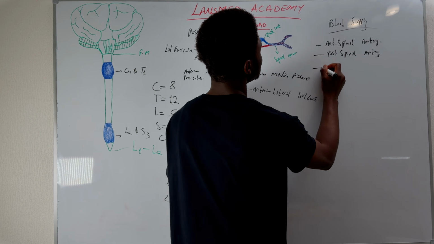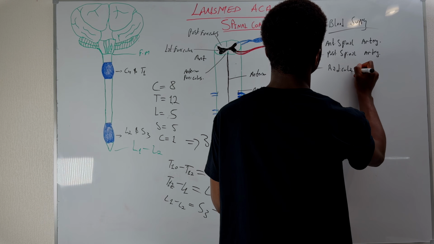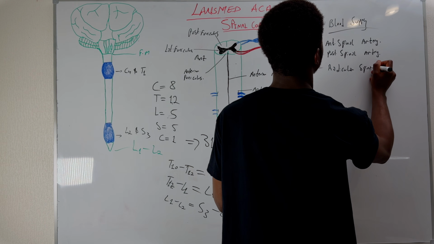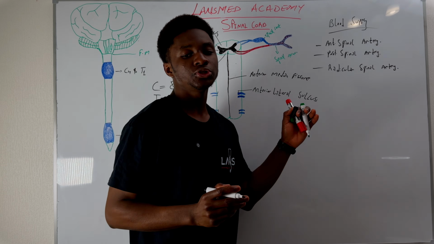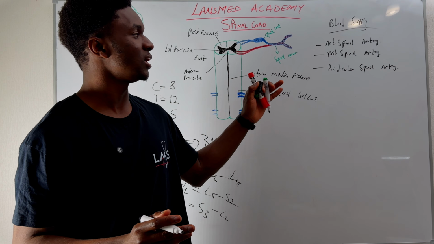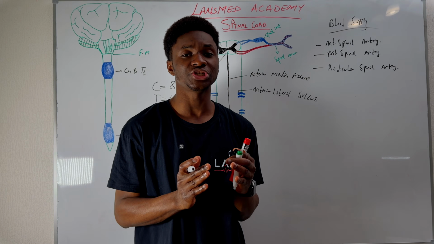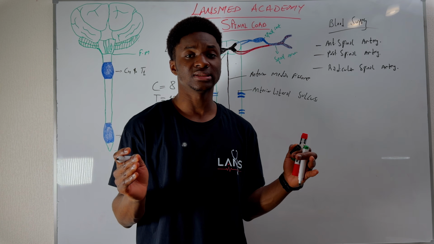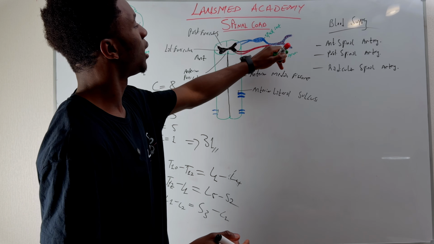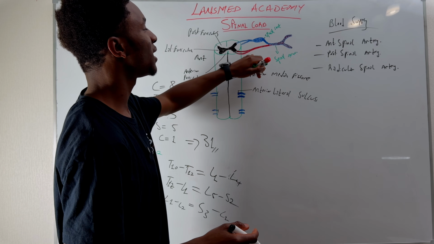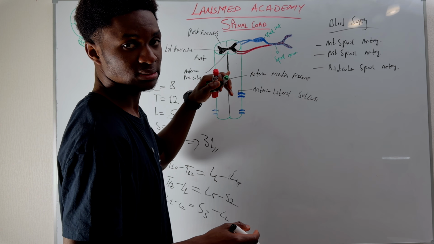I will write here the radicular spinal artery. What I want you to know about this artery is that the arteries are actually branches of other arteries that just run with the spinal nerve down the spinal root to give supplies to it.